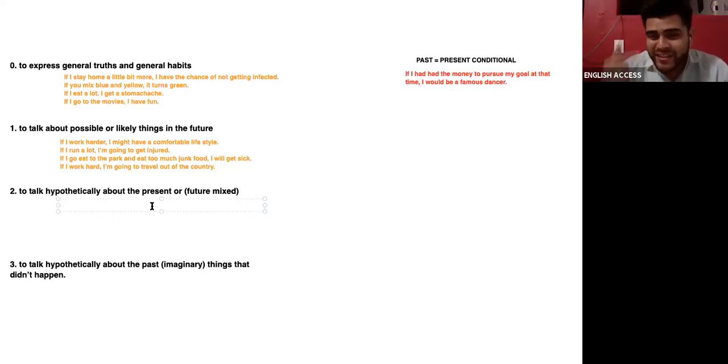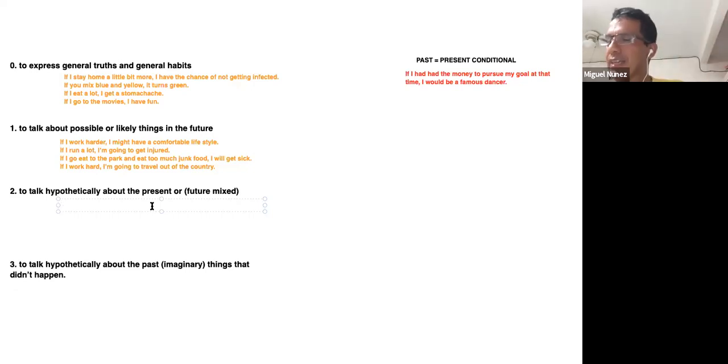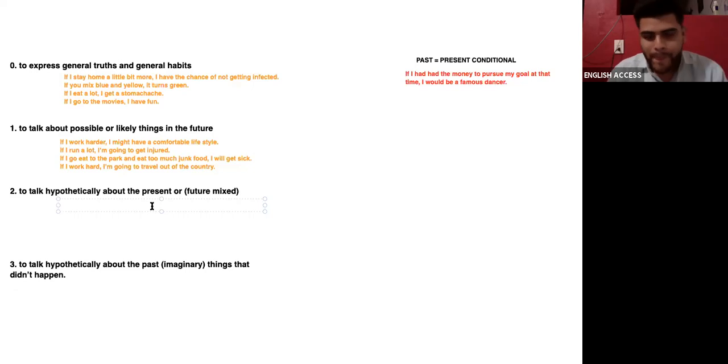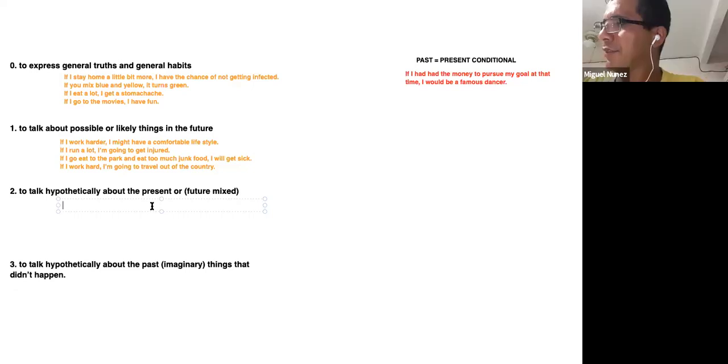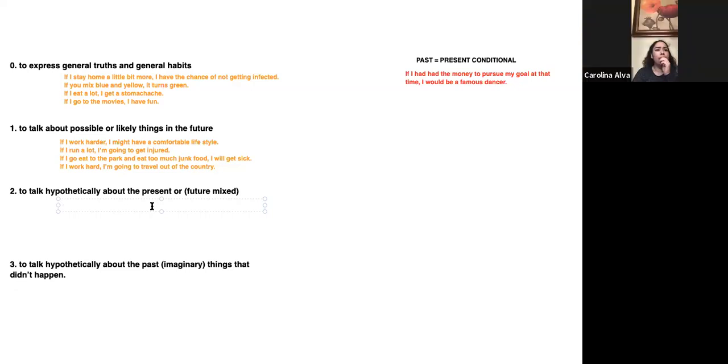All right, Miguel, did you write another sentence? Actually, I had two, but I wasn't sure about the second one. Tell me. Traveling around the world was my favorite hobby. But if I had a better job, I would prefer to buy a new house.